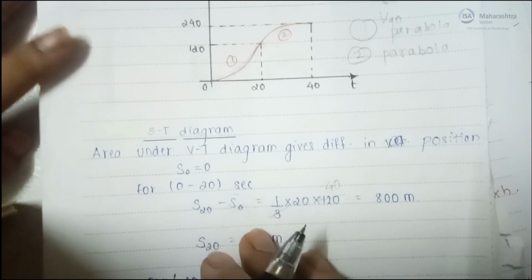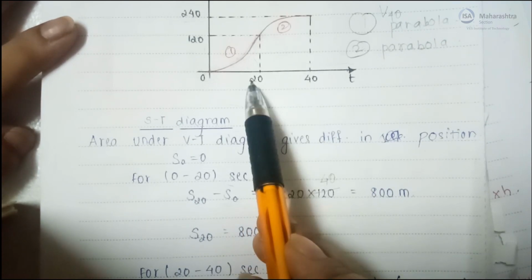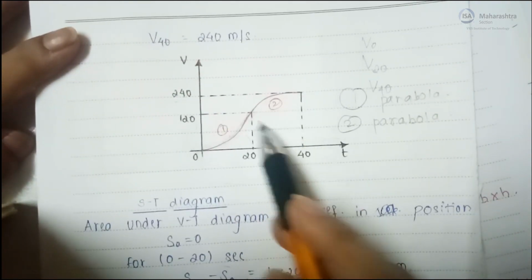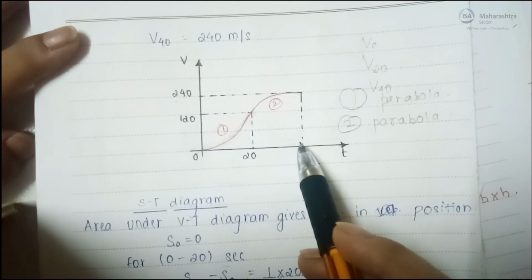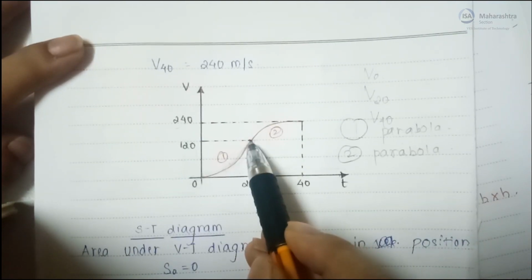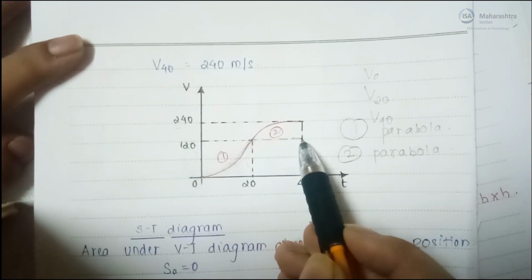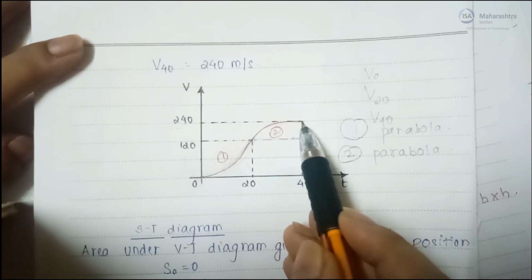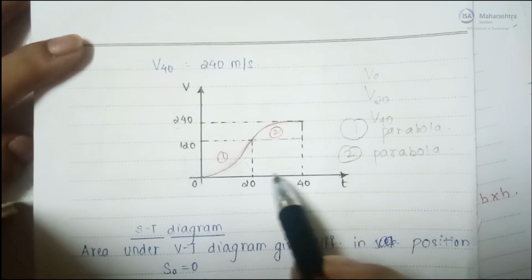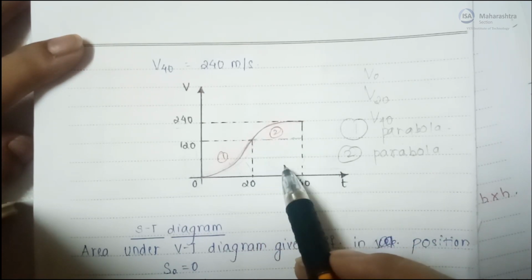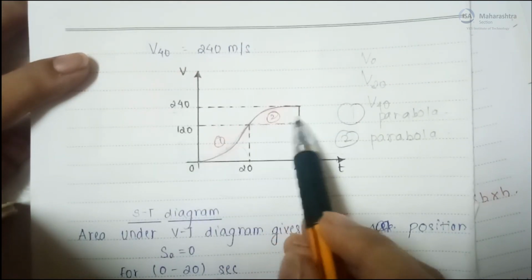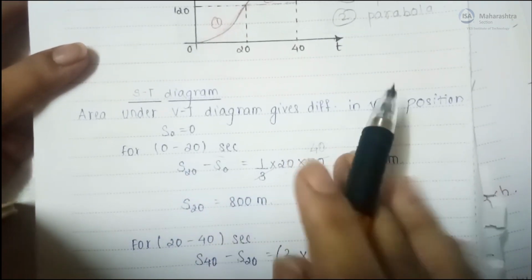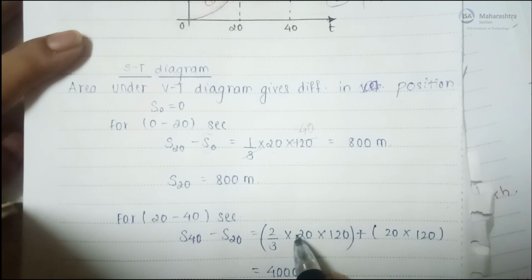Now similarly for 20 to 40 seconds, we cannot directly find the area of this complete part because we don't have a formula for it. So just divide it into two parts: a downward concave curve and a simple rectangle. The formula for a concave downward curve is 2 by 3 into base into height.